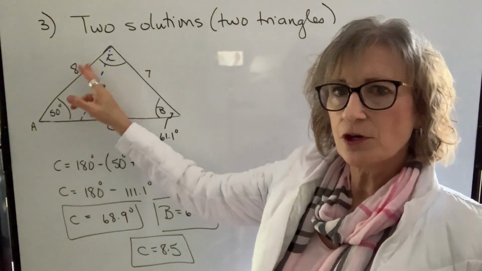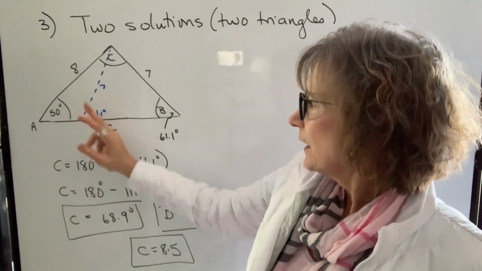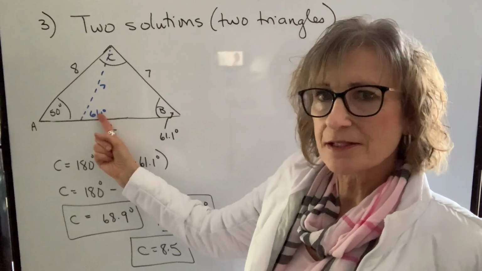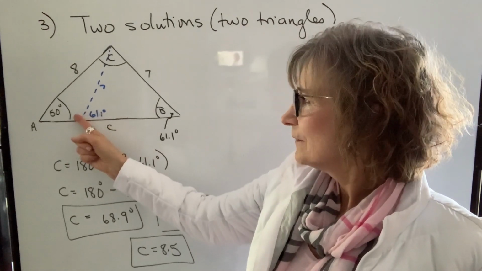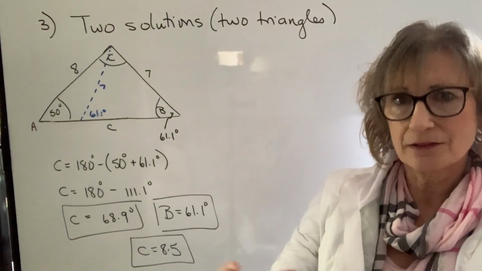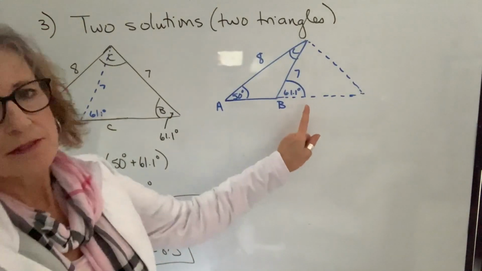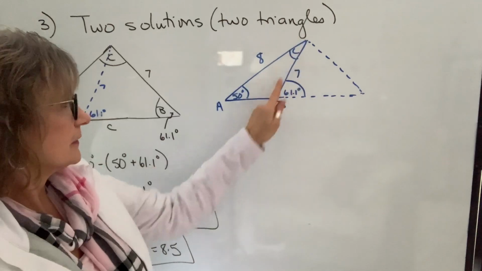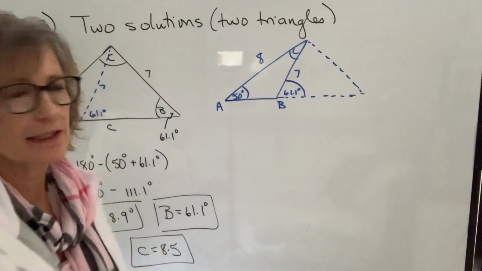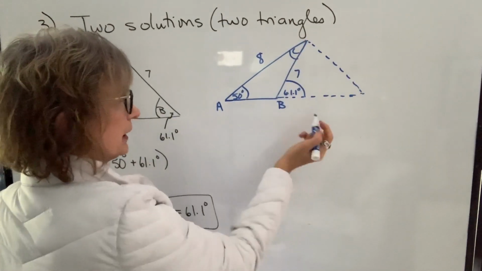In order to solve that other triangle, I can use the fact that this angle is 61.1 to find my new angle B in that smaller triangle. So I'll redraw the triangle. What I've drawn in the new triangle with solid lines, and that was my other triangle in the dotted lines.